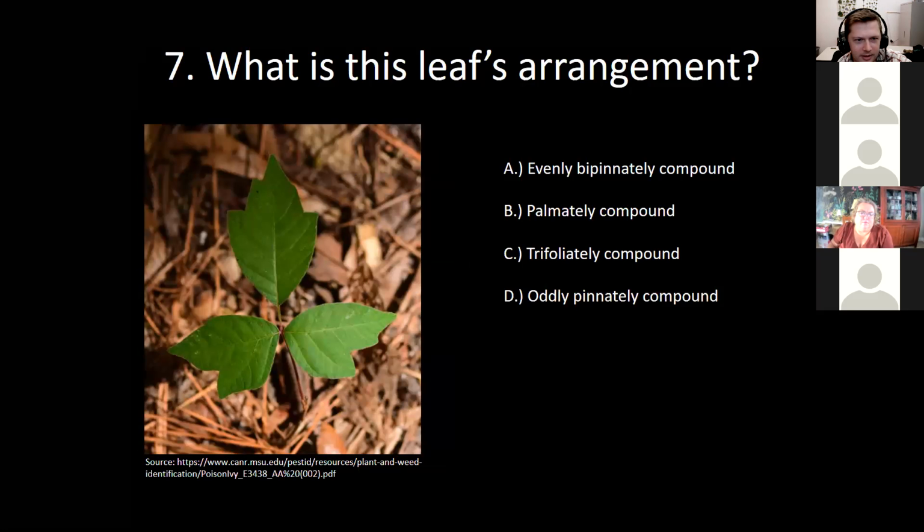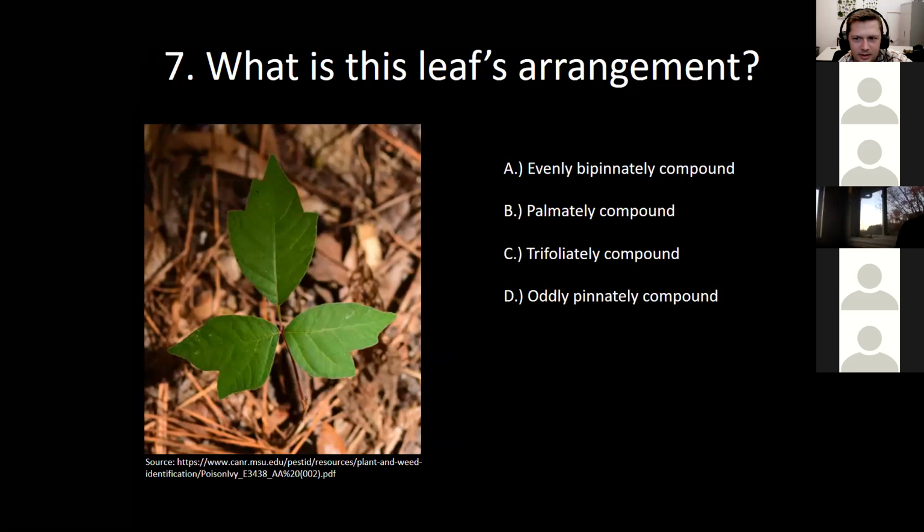Okay. Poison ivy. Well, that's good. You put those two on so they can learn the difference. Trying to be kind of practical here.